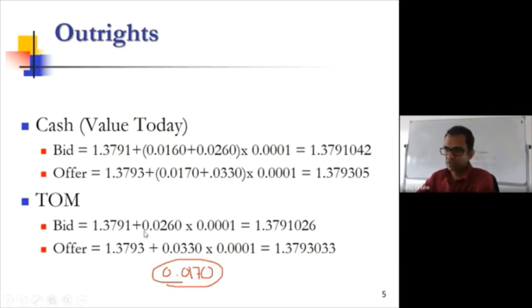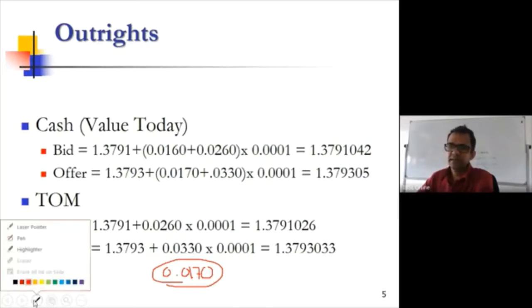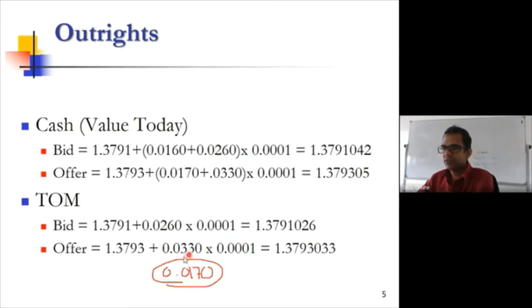Is it correct now? So this is the correction I made. Instead of 0.0330, I had used 0.0170, which is incorrect because this is the overnight rate. But as he mentioned, what we have to use here is the TOM next points.